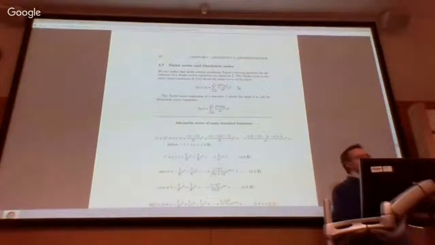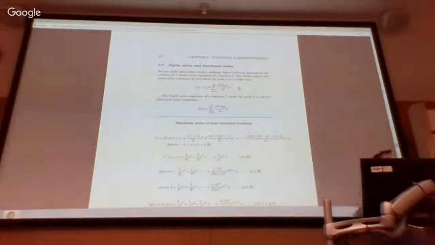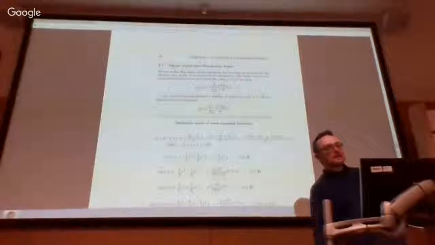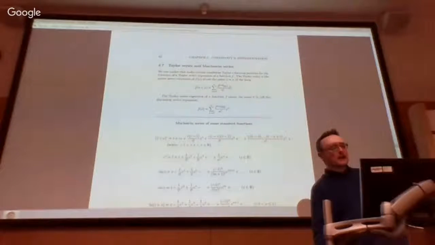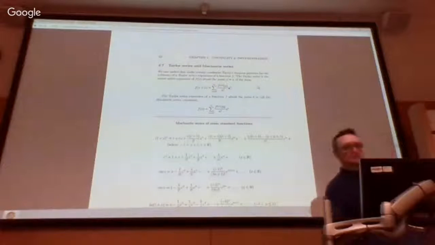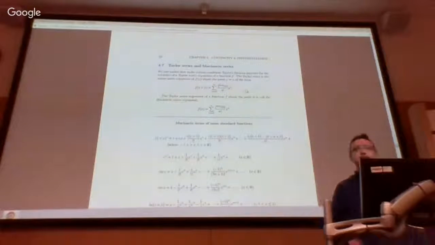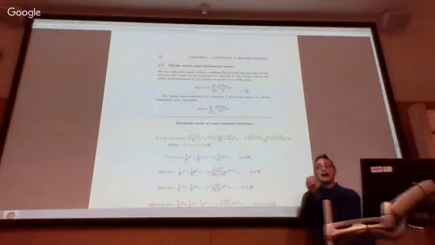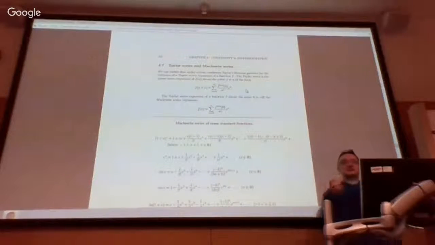A series is a sum of terms, and we're mostly dealing with sums of an infinite amount of terms. So if your series involves a variable, such as it does here, x, some unspecified variable x, and that's defining a function, then that is termed in general a power series.